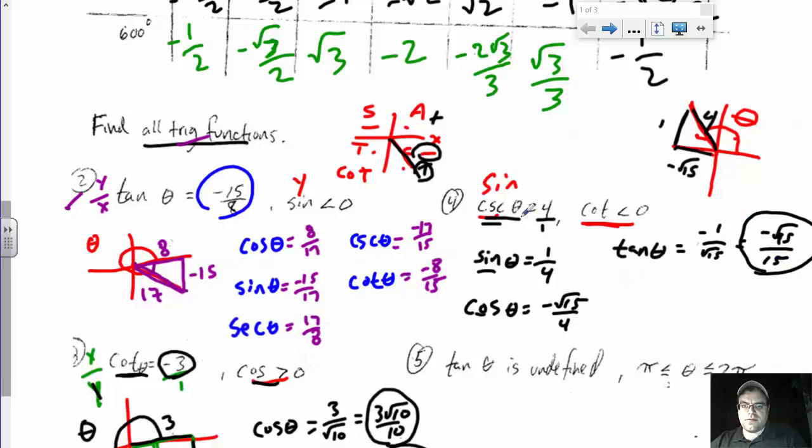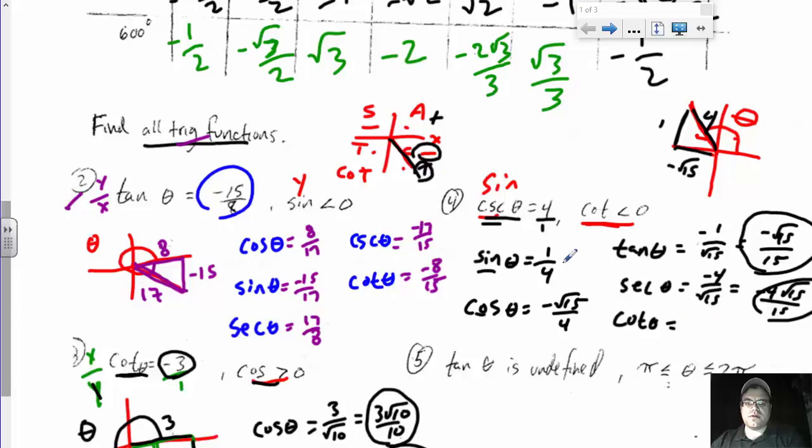And then I have 1, 2, 3, 4. I need 2 more. I will need the secant and the cotangent. That's the only 2 I don't know. Secant is the reciprocal of cosine, so we'll flip this upside down. It'll give me negative 4 over root 15, which is the same thing as negative 4 root 15 over 15.